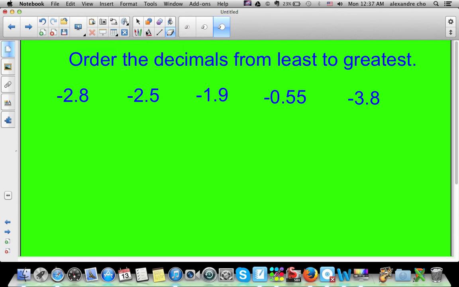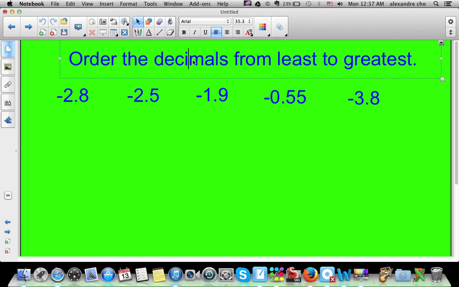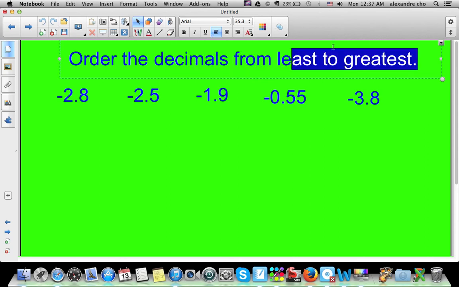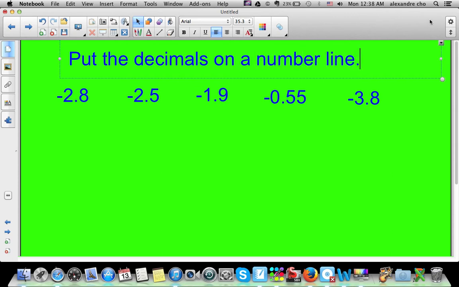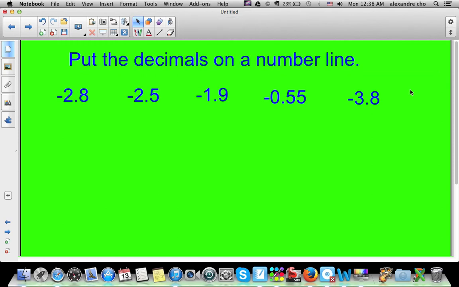Let's put these numbers on a number line. So you can start. Put the decimals on a number line. Press pause, come back when you're done.